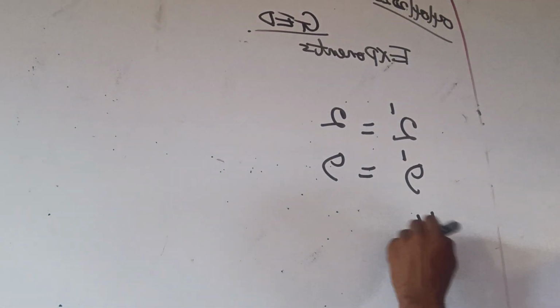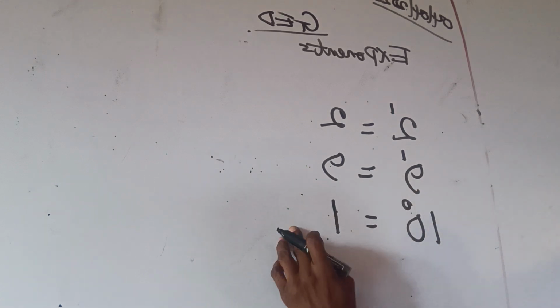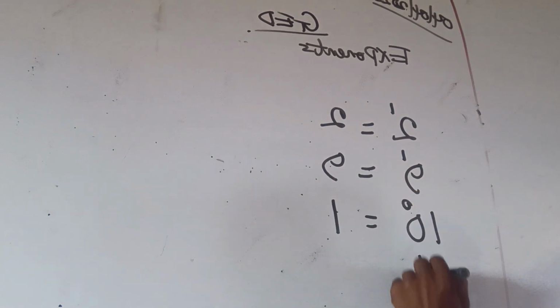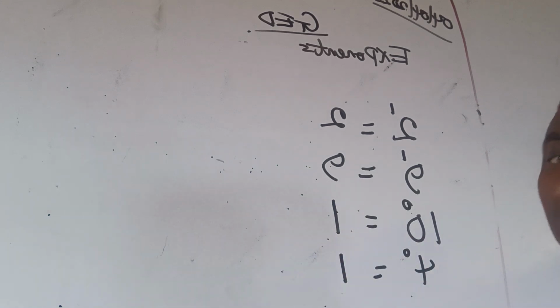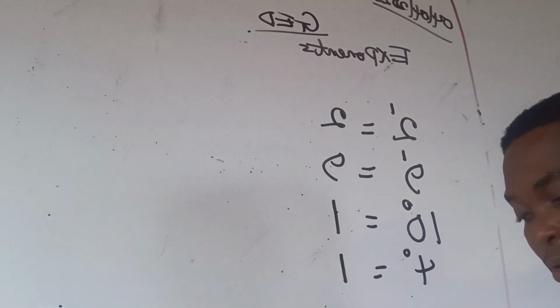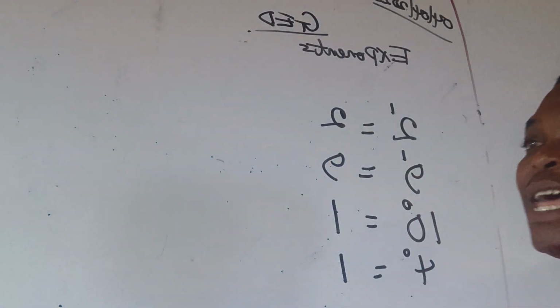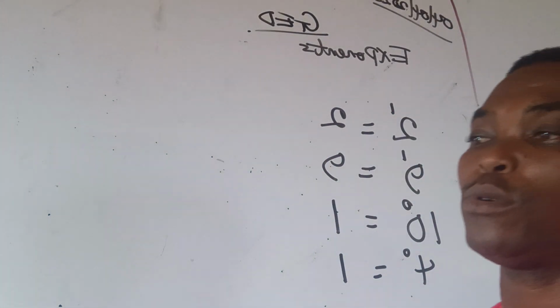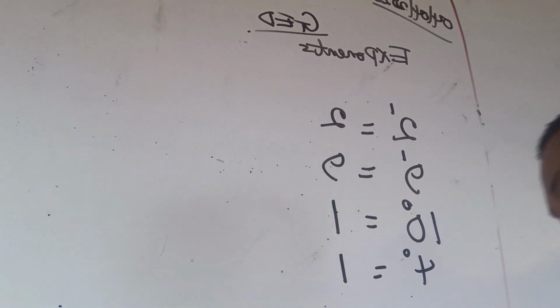Then any number raised to the power of 0 is 1. 10 raised to the power 0 is 1. 4 raised to the power 0 is 1. This can be proven using one of the laws of indices. So that's what we have in our study material.